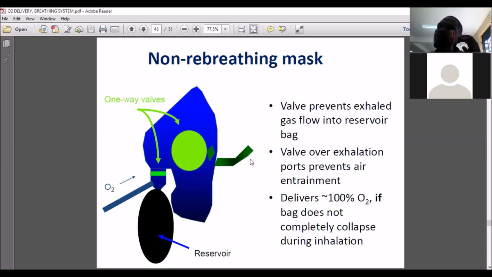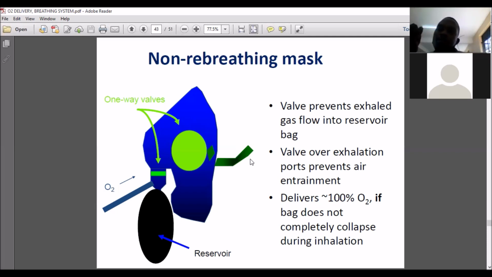Okay, they have those cotton something to block. So if you block partially, you breathe part of what has gone to the reservoir. If you don't block it, you just block what will go to the reservoir, and the person breathes in and out. You see, the valves repel the exhaled gas flow into the reservoir bag. Okay, the reservoir bag is closed off. So the valve open exhalation ports prevents air entrainment. So they deliver 100% oxygen if the bag does not completely collapse during inhalation.